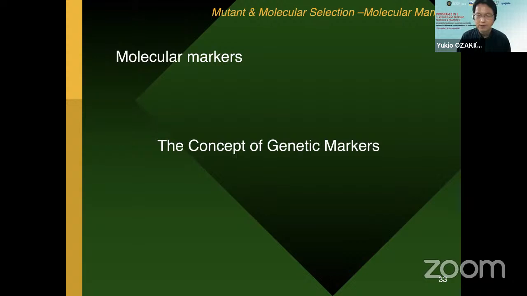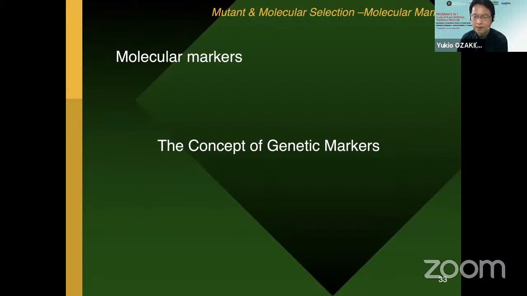Markers do not affect the phenotype of the trait by themselves. Genetic markers can be detected at both the morphological level and the molecular or cellular level, which is the basis for classification of markers into 2 genetic categories: morphological markers and molecular markers.